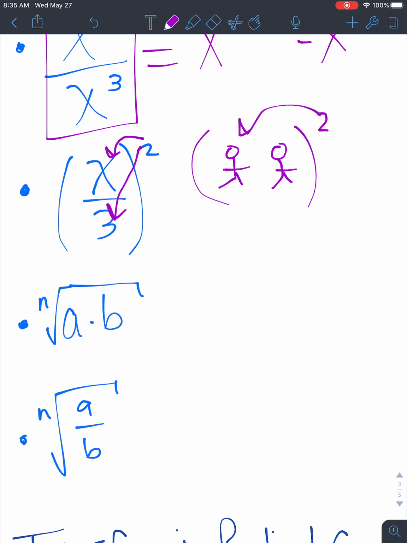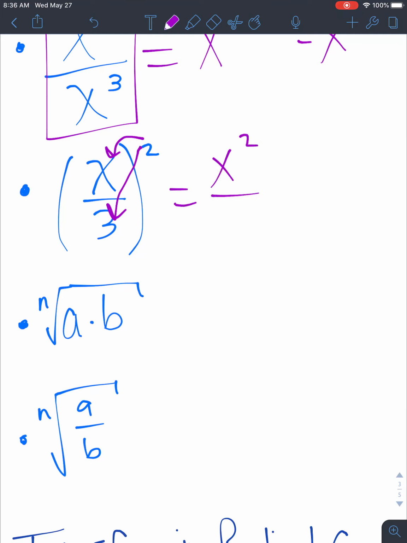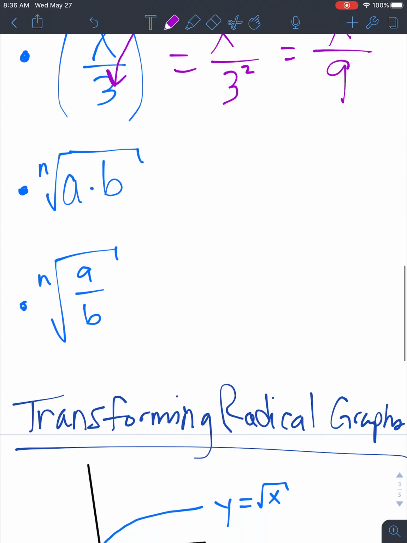But you only got 2 cookies and your friend didn't get any cookies, right? Then you're left with those 2 extra cookies. I know that's a silly example, but for me it helps to remember that the x and the 3 are together, and so we should treat them the same. All right? So then we're left with x squared over 3 squared. But we don't leave 3 squared as 3 squared because we know it simplifies down to 9. So we're left with x squared over 9 as our final answer.